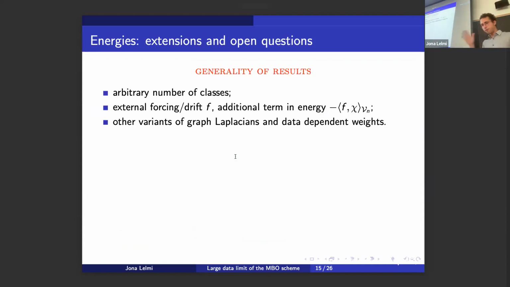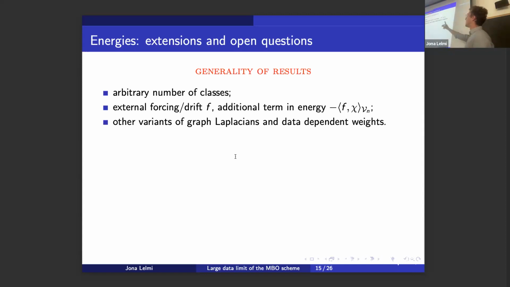So for this first question, the convergence of the final outcome of the scheme as the number of data points goes to infinity, we could take the MBO scheme to be the multi-class MBO. I presented just the case in which you have two classes, but whatever I said works in the multi-class case.